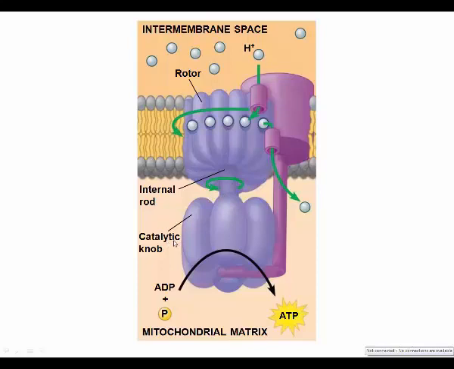And the catalytic knob is where ADP and phosphate bind and are put together because of the kinetic energy of the spinning of this rotor affecting the knob. So this is the idea of slamming phosphate onto ADP. As soon as this rotates, these protons rotate through once, they're dropped through and used to make water.